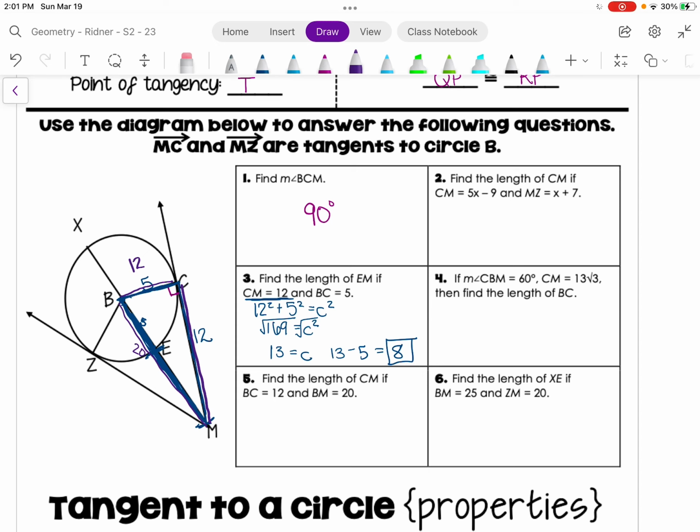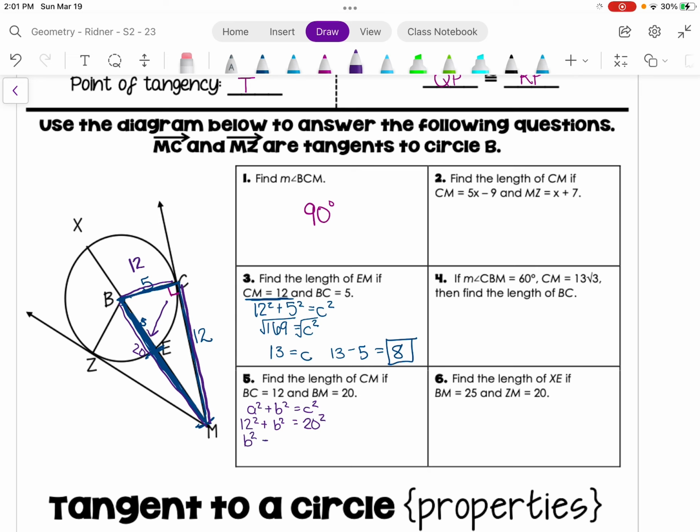So again, we have the right triangle, so we will do a squared plus b squared equals c squared. However, we know the hypotenuse, so we know c squared. We do not know one of the sides.